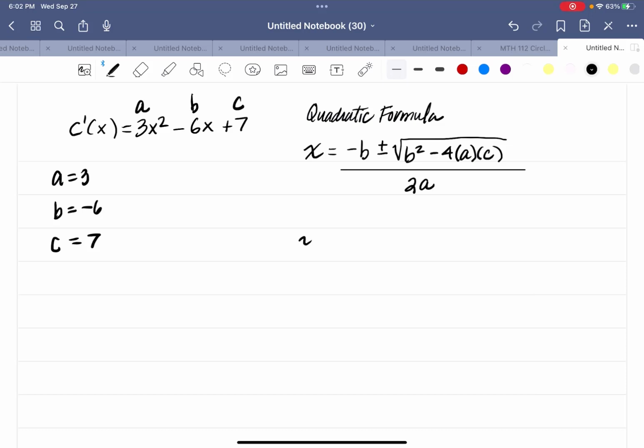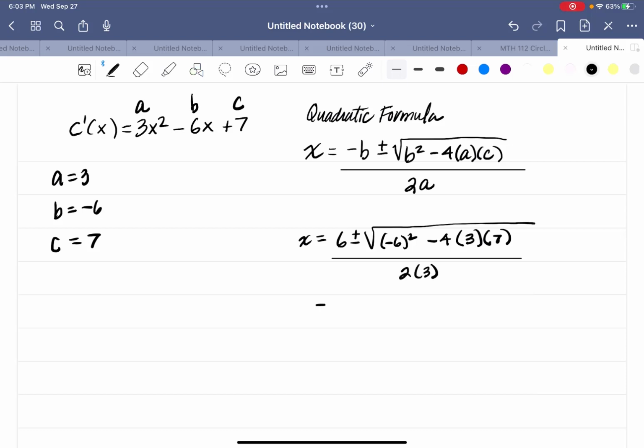So plugging into our formula, the opposite of B would be 6 plus and minus the square root of B squared, negative 6 squared, minus 4 times A, 3, times C, 7, all of that divided by 2 times 3. So we get 6 plus and minus the square root of 36 minus 12 times 7, 84, over 6.